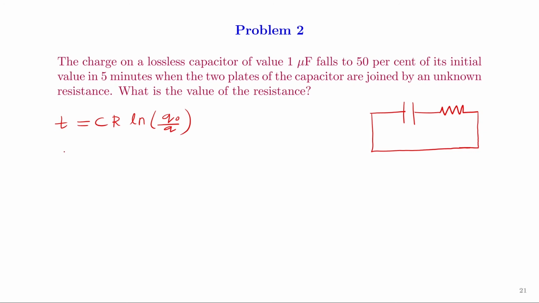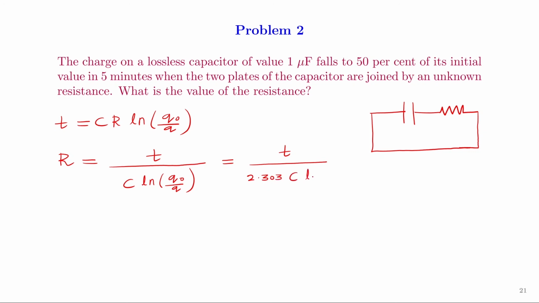And from here, we can write the equation for R as t over C times natural logarithm of q0 over q, or this is equal to t over 2.303 C times log to the base 10 of q0 over q.